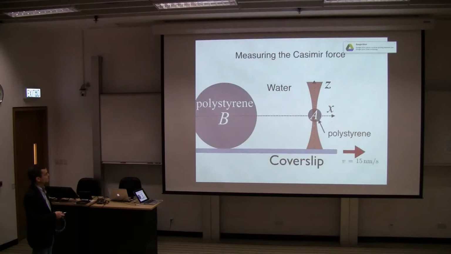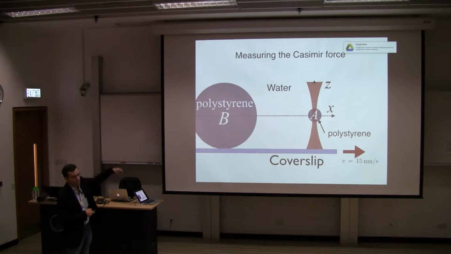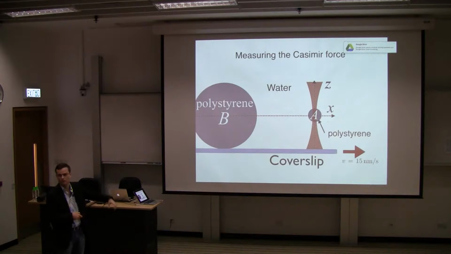So this is the idea of the experiment. I have my trapped sphere, my trapped microsphere here. This is the laser beam, so it's trapped close to the focus. And then I have another sphere, a larger sphere, which just sits on top of the cover slip at the bottom of my sample, right? And then I can move my cover slip, and I move the stage of the microscope. And I can change the distance between these two spheres.